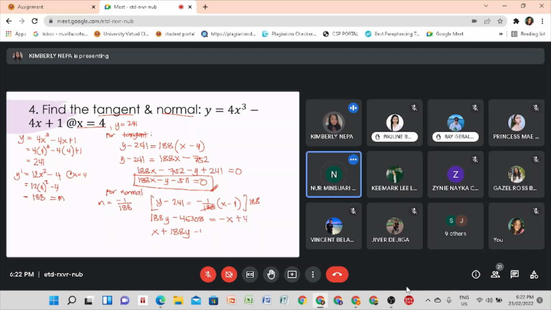Yes, po. And simplifying, 45,308 minus 4, negative 45,312, po. So this is already our final answer. Okay? Questions? Questions, everyone?